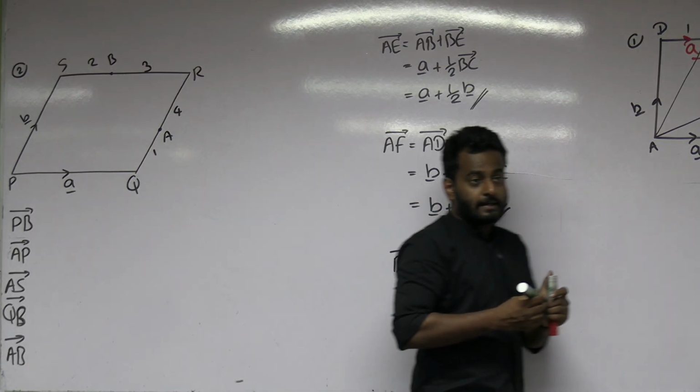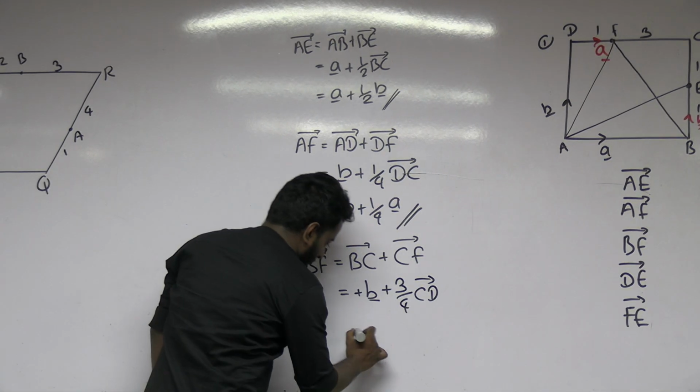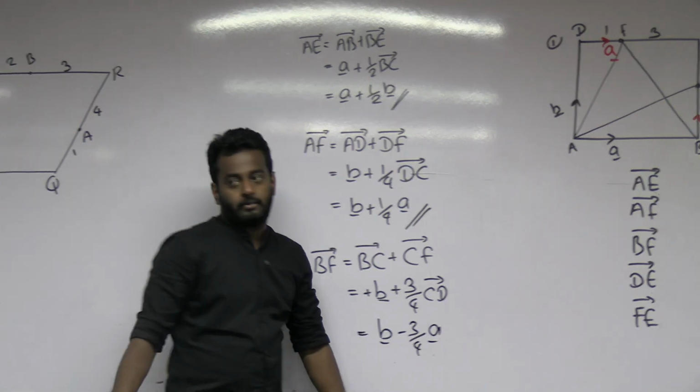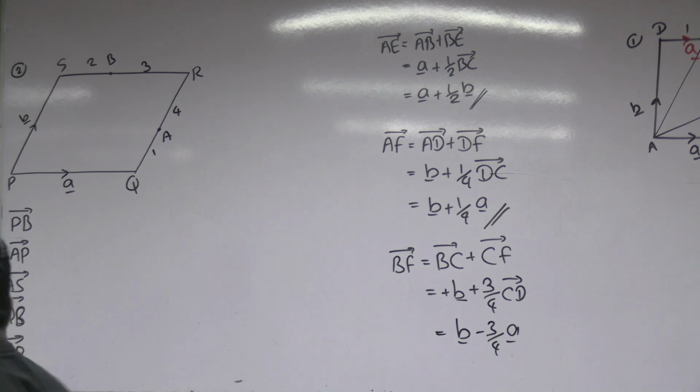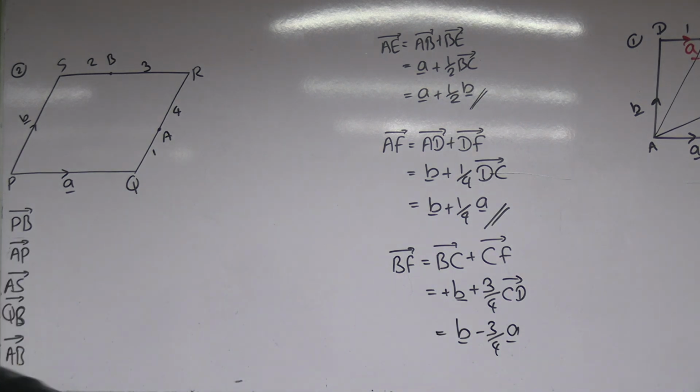So here the vector DC is A, so CD means minus A. So this should be B minus 3 over 4 A. Right. So just continue with that. If you are finished with that, start the question 2. If you have any doubts on this, just ask.